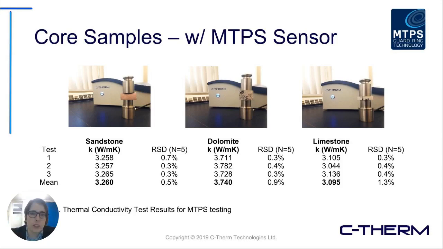That will give you the testing setup for MTPS testing of these kinds of materials. You can identify that the higher porosity material here, the limestone, has the lowest thermal conductivity, which is as you would expect for that kind of a trend. And the most consolidated of the three samples also had the highest thermal conductivity. Again, this is exactly as you would expect.